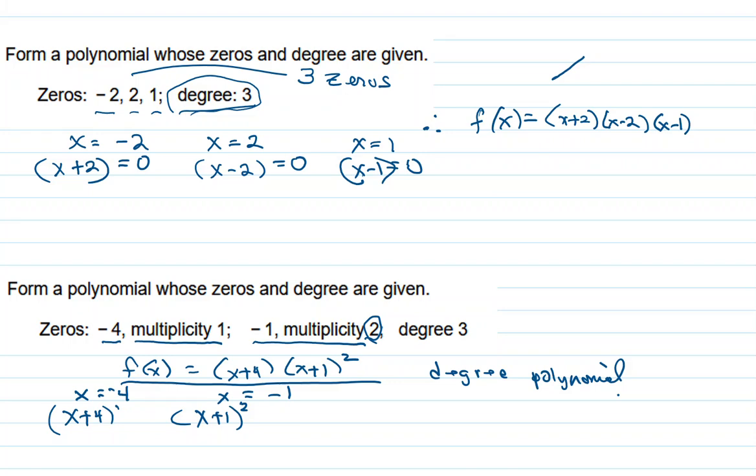So now we solve for the factor. So I added 2 to both sides and got a factor of the polynomial. And I had x equals 2, so I subtracted 2 from both sides, and I came up with this factor. I had the last one, x equals 1.